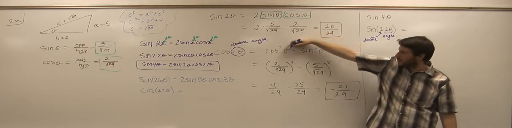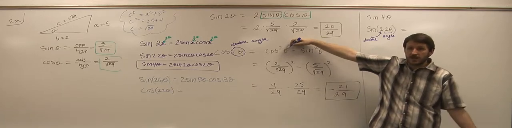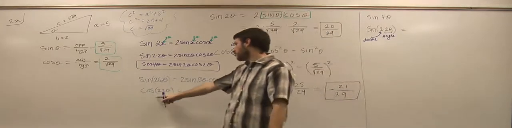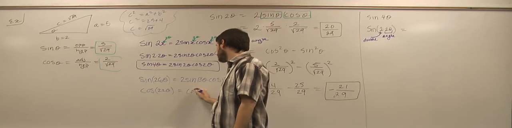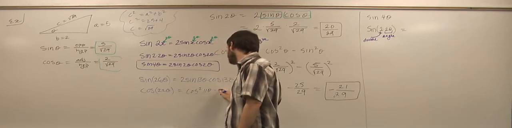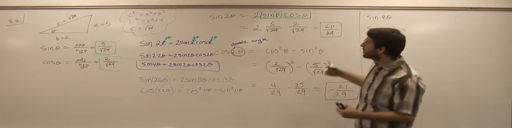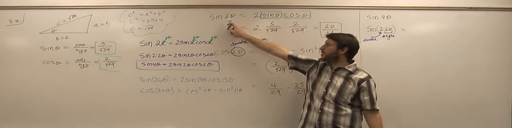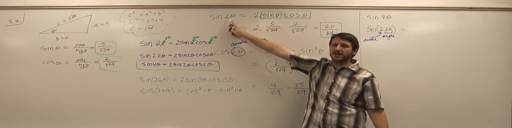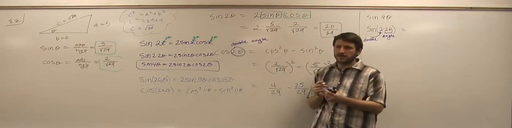But my question is, what am I going to put in for the angle? 11 theta. You've got to cut it in half. That's the way the formula works. So cos 22 theta is cos squared 11 theta minus sine squared 11 theta. So even though the formula is usually written with 2 theta, it can be applied to any even number theta.